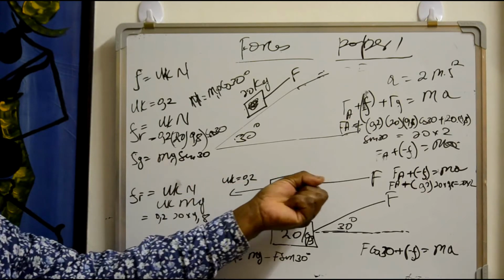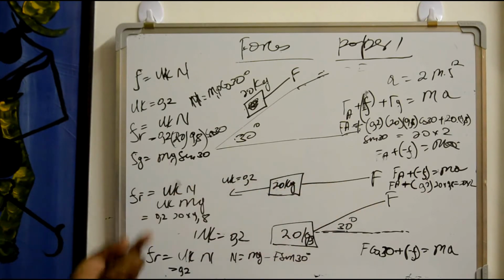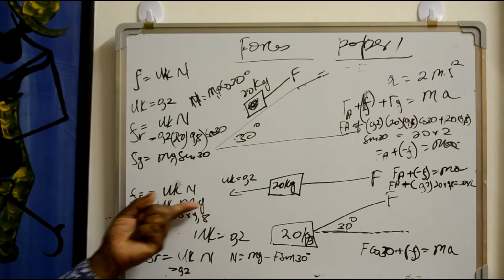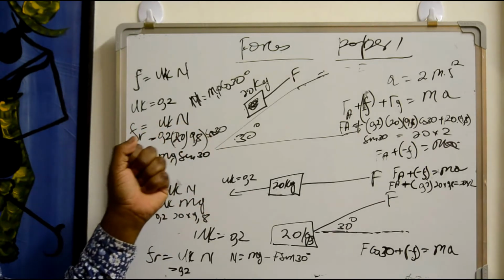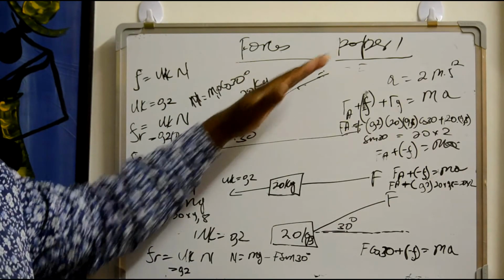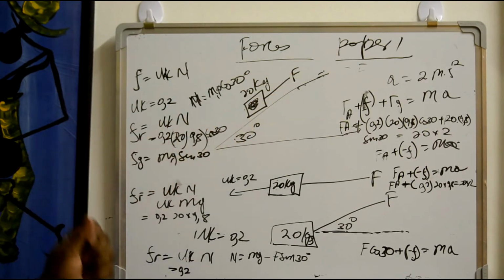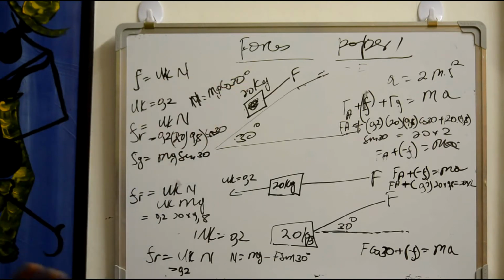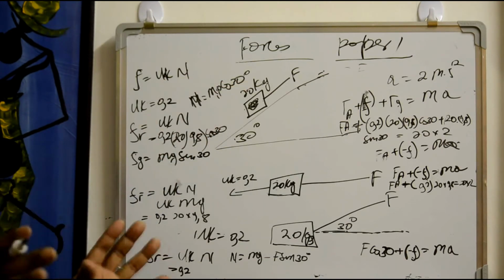If you apply the force on the horizontal, my normal is mg. If you apply the force on an inclined surface, your normal is mg cos 30. That's the thing that I want to explain to you, grade 12.